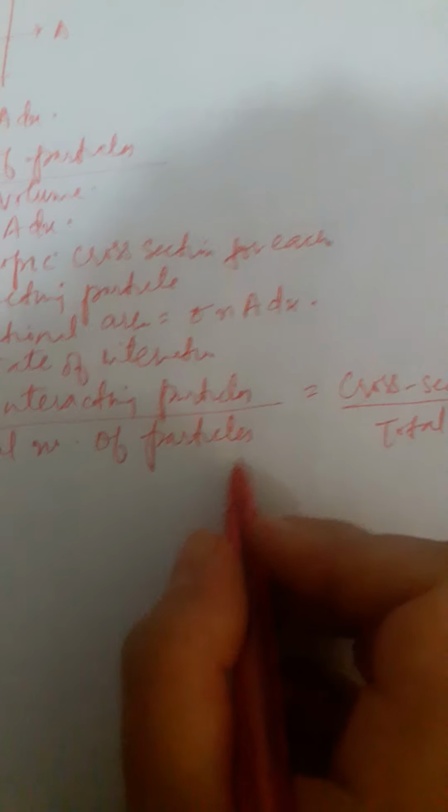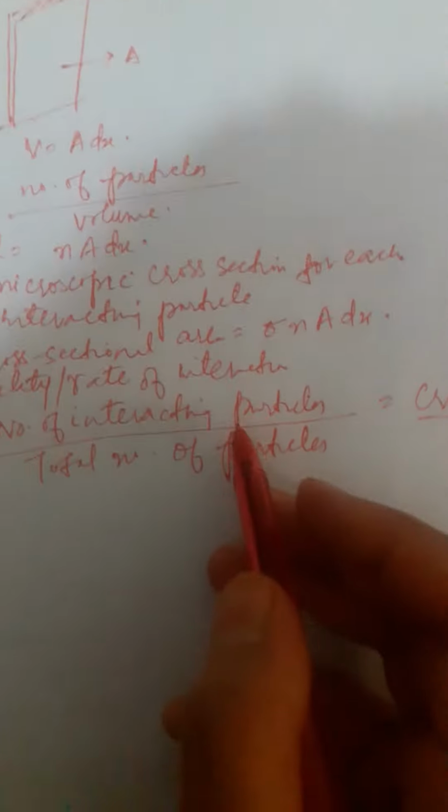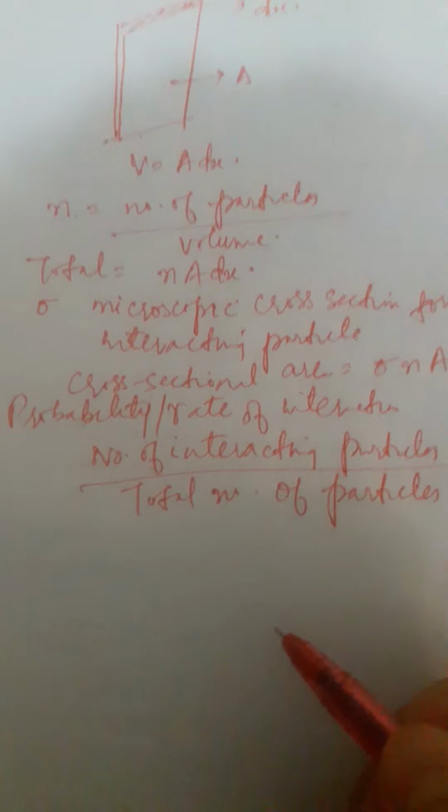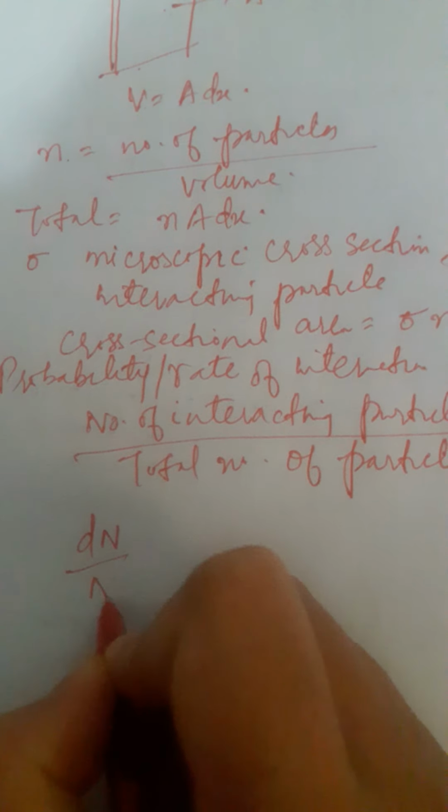Total area reflects the total number of particles available to us, and cross-sectional area reflects the number of particles which will actually take part in the interaction. So this ratio will be represented by dn by n.